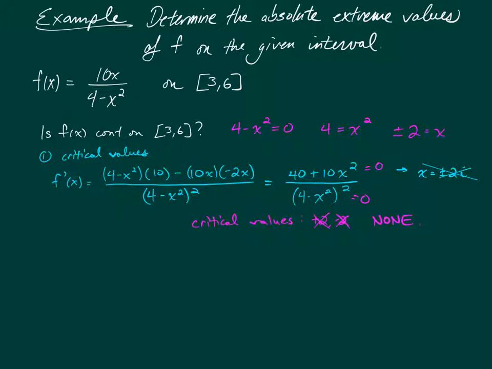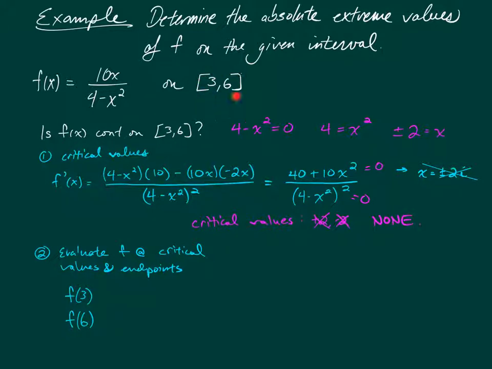Okay, so what we do now is we evaluate f at the critical values and the endpoints. And in this situation, we're just evaluating f of 3 and f of 6 because we don't have any critical values.